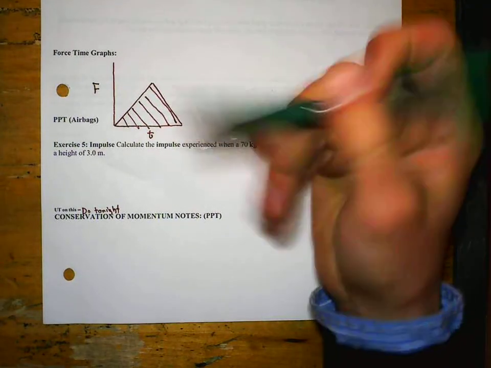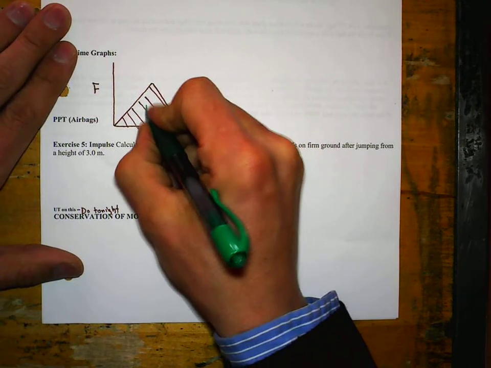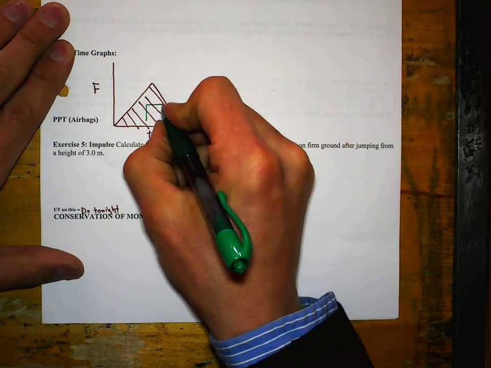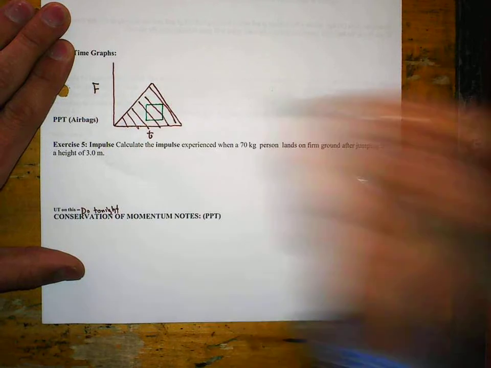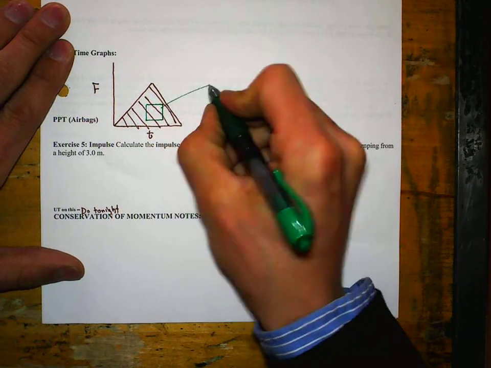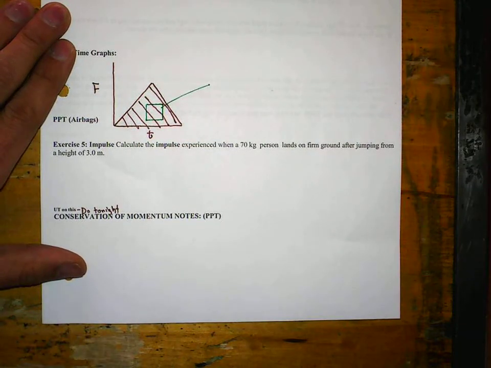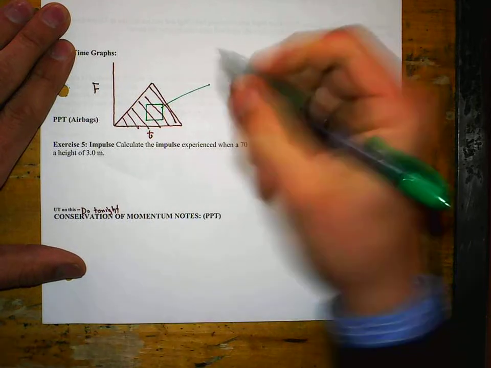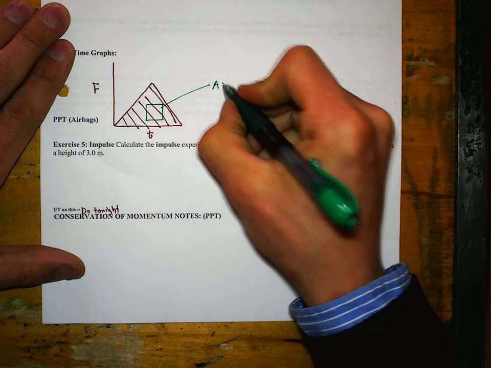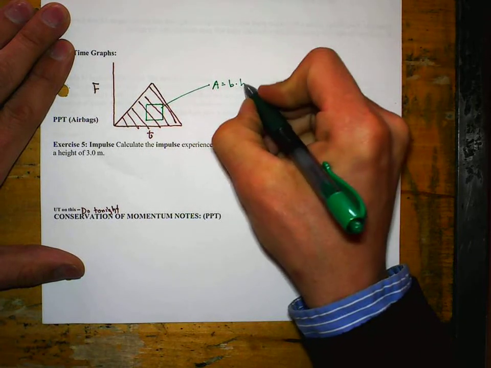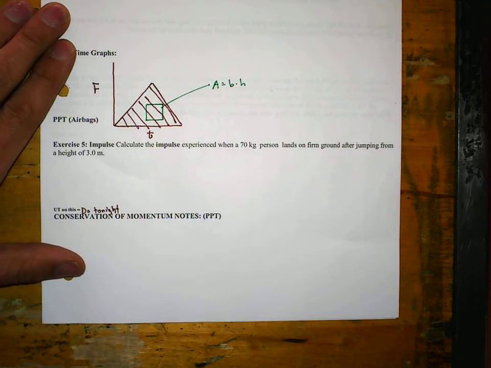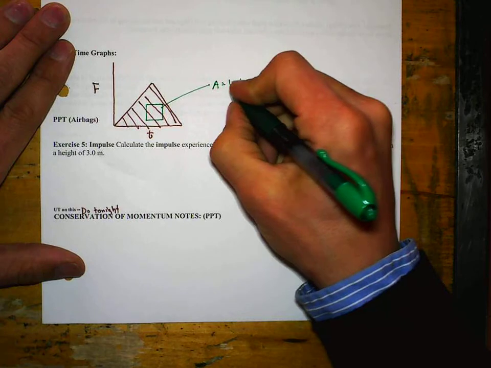Anytime we analyze the area of any graph, it's easiest just to take a square snapshot and think about what it means. So the area of this is equal to base times height. What's the base measured in? Time, seconds.